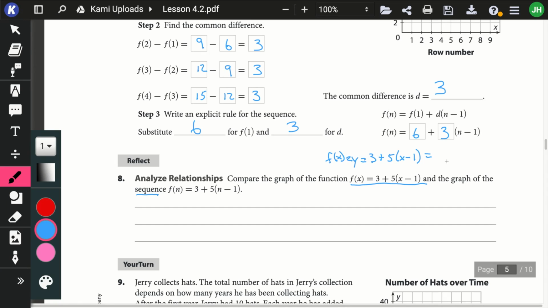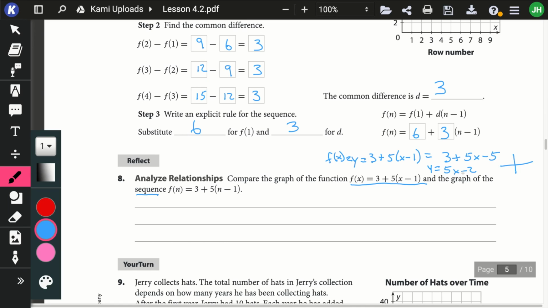This is a linear equation, y equals 3 plus 5x minus 5, or y equals 5x minus 2. We could graph that. y equals 5x minus 2, right?